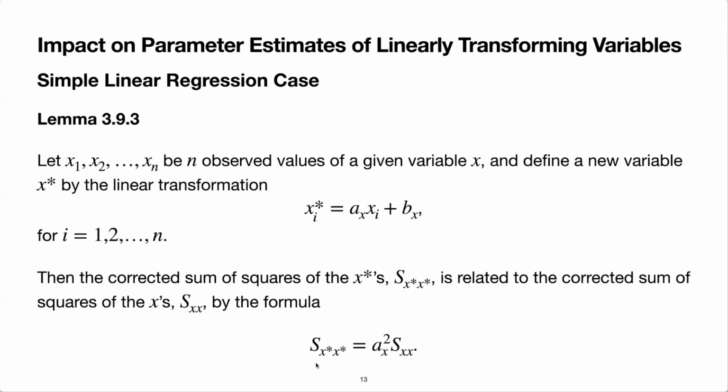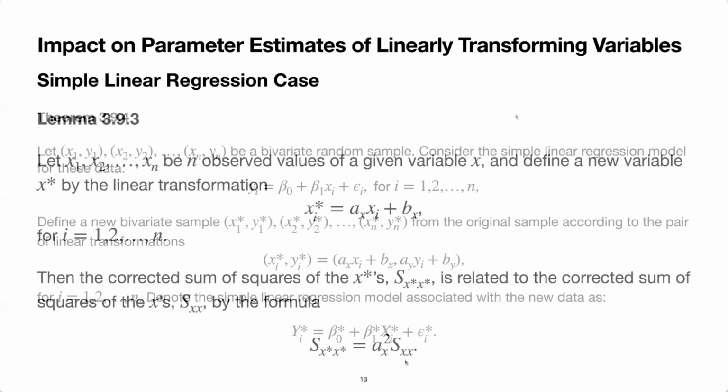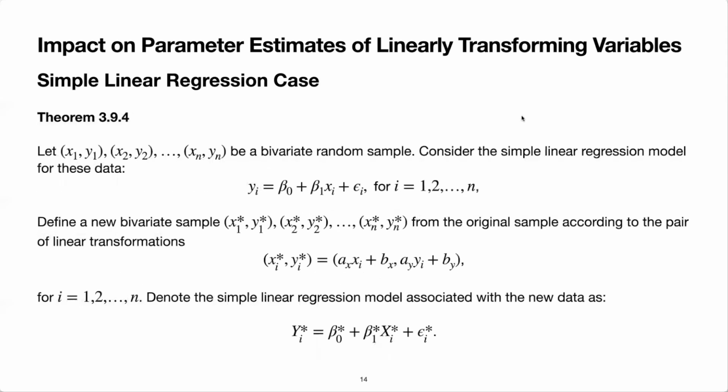So the corrected sum of squares of the x stars is equal to a sub x squared. And again, a is this value that we're multiplying against x in that linear transformation. And so this is equal to a sub x squared times the corrected sum of squares of the original variable x. All right, now we've laid the groundwork to present this theorem, theorem 3.9.4.